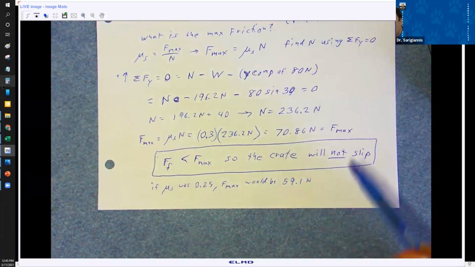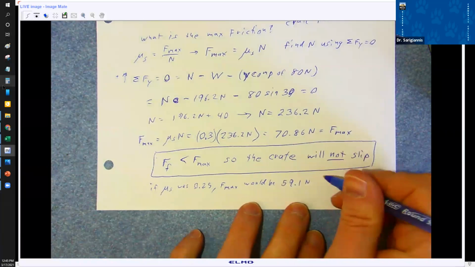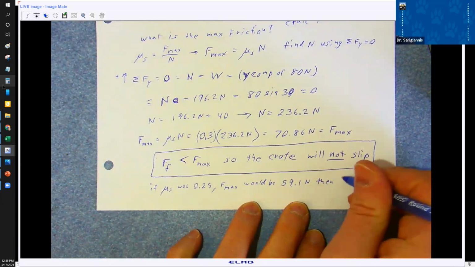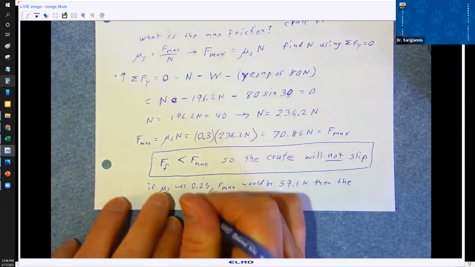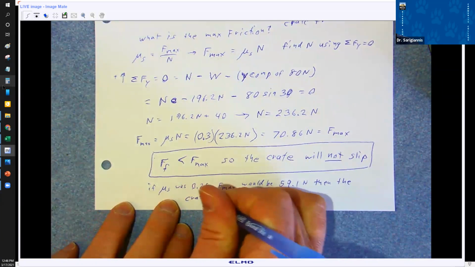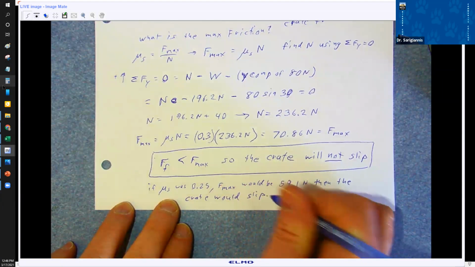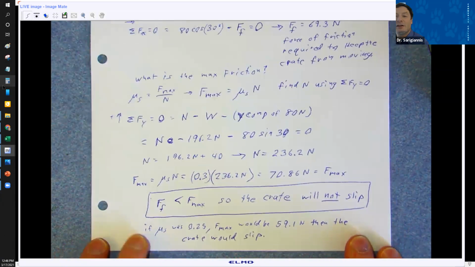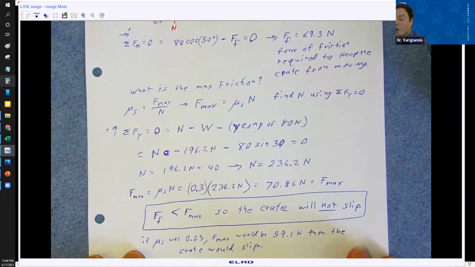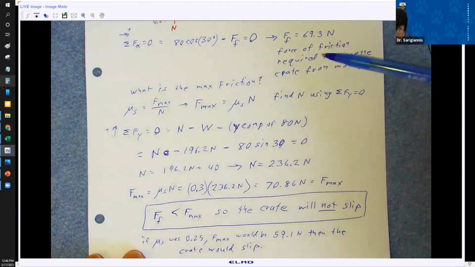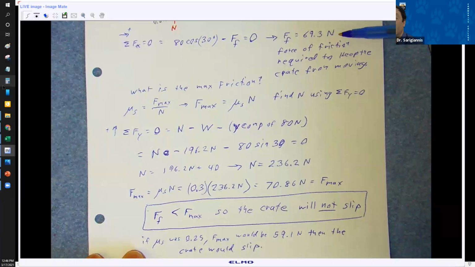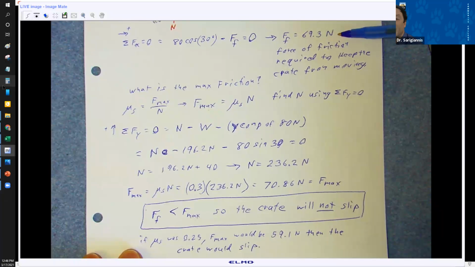So this would be the opposite scenario. Then the crate would slip. And why is that? Because up here it's telling us that 80 newtons of force requires 69.3 newtons of friction to keep the crate from moving, to keep it stationary.